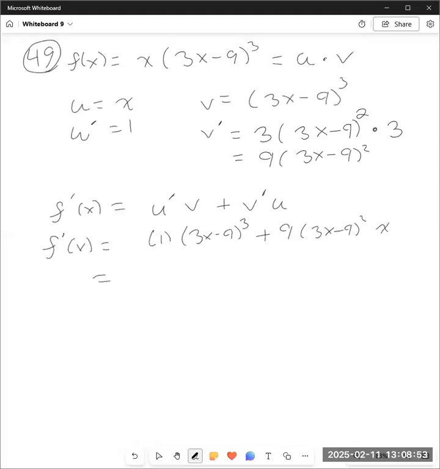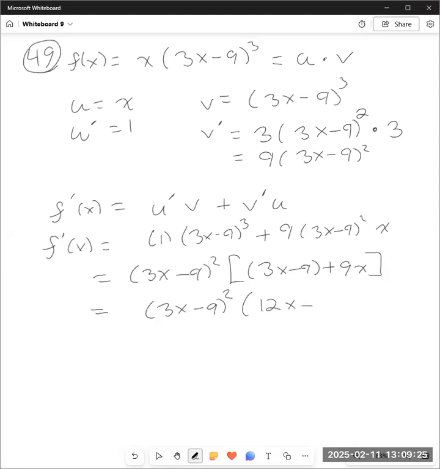I have a common factor here of (3x minus 9) to the second power, and that's going to leave me with 3x minus 9 plus 9x. So we have (3x minus 9) to the second, times 3x plus 9x is 12x minus 9.